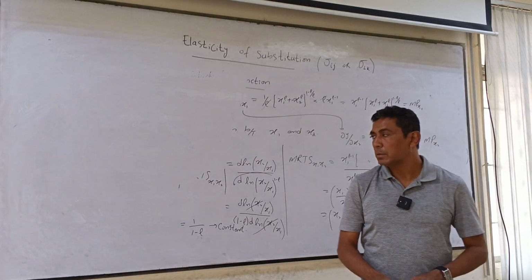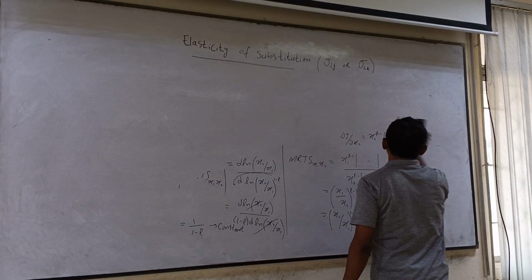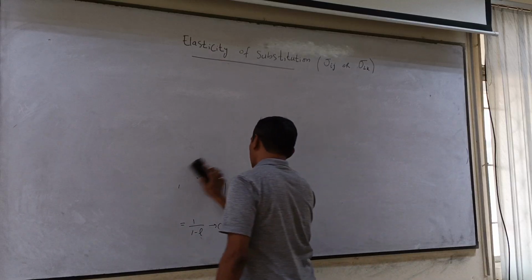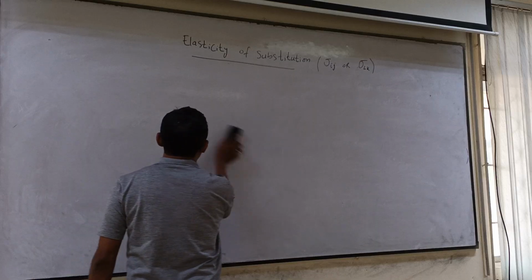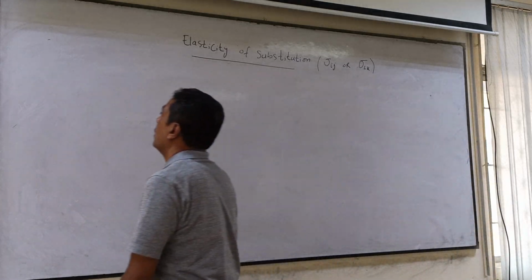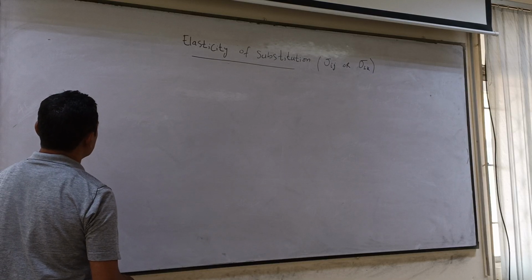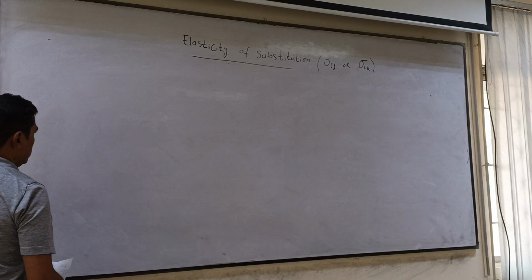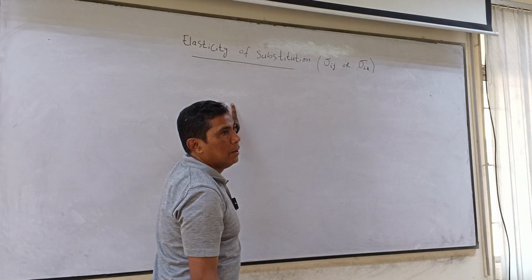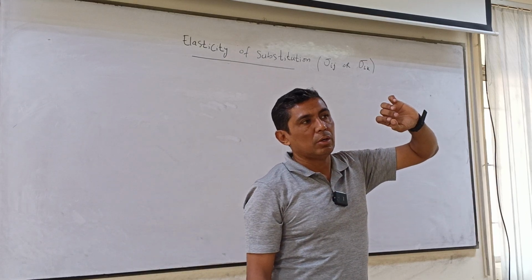So rho forms the substitution value. The rate of substitution between labor and capital will decide the value of the elasticity of substitution, either infinity, 0 or 1.